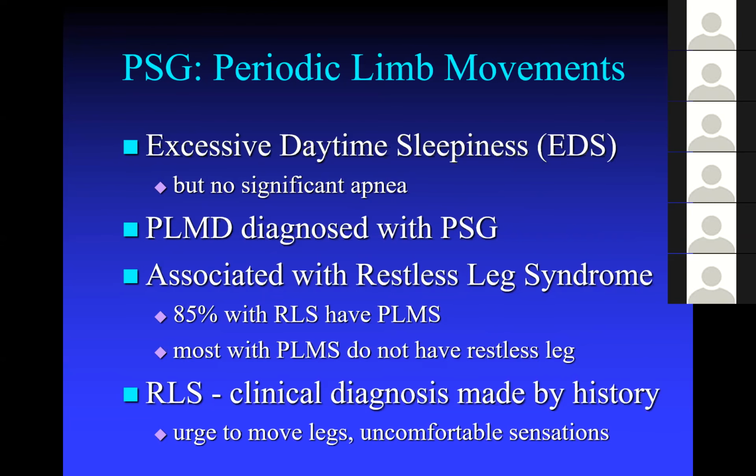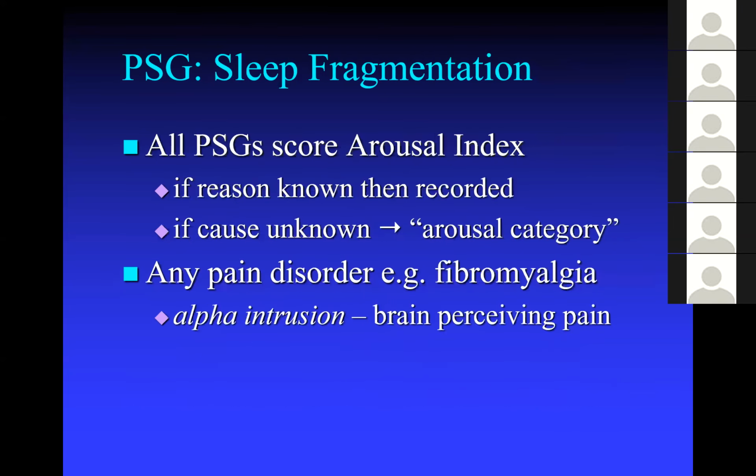But periodic leg movement disorder will give them multiple arousals and then interfere with the partner's sleep many times. So all the sleep studies will have an arousal index. We mentioned that. And sometimes this can be treated. If you treat the periodic leg movement disorder, then their sleepiness goes away.